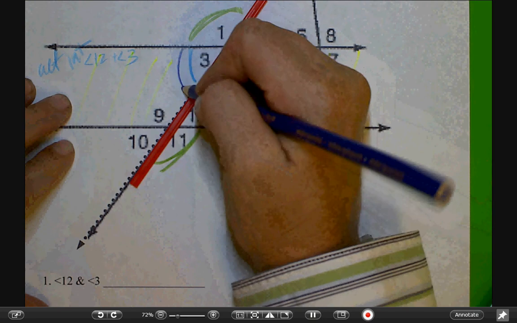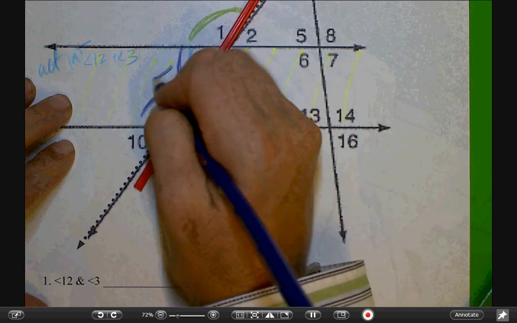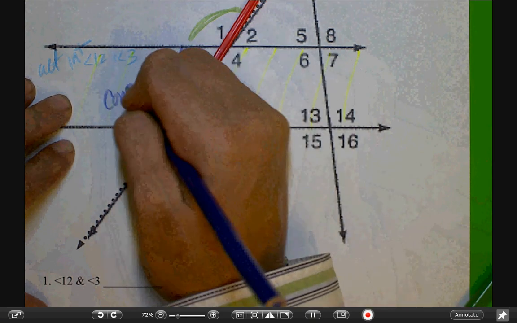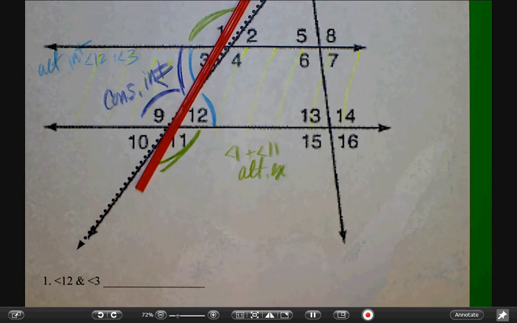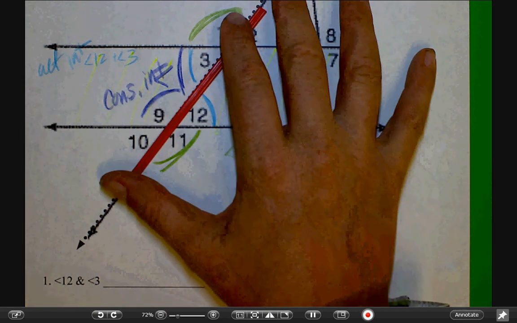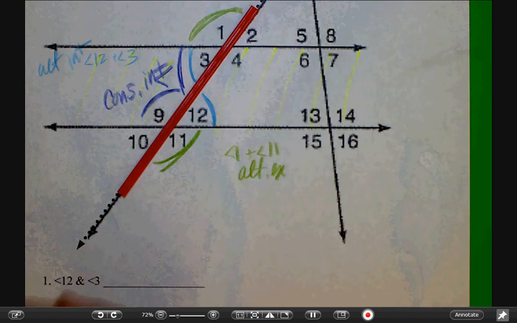So 9 and 3, here's 9, here's 3, they're on the same side. We would call that consecutive interior. Consecutive meaning right next to each other, interior meaning between the lines.